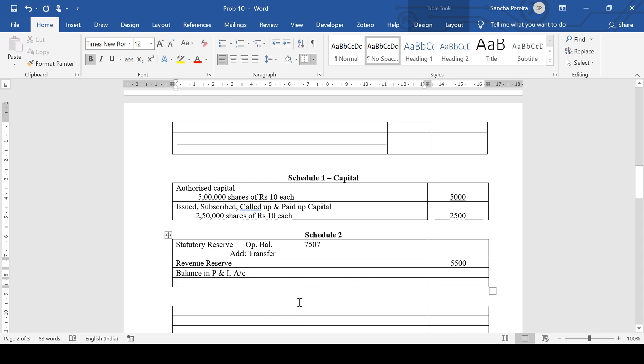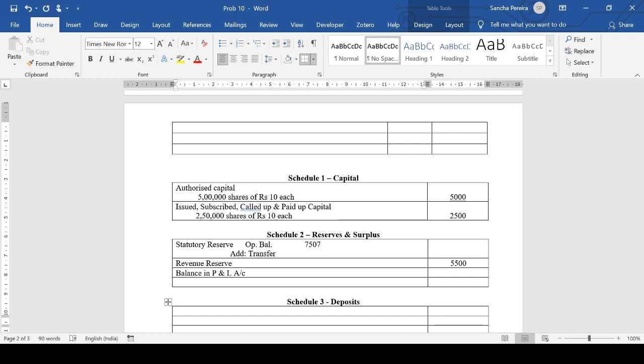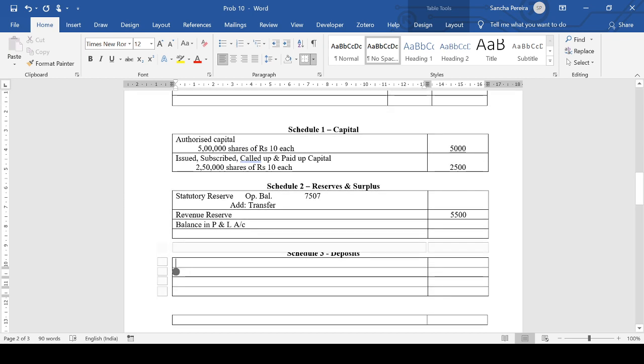Next we come to Schedule 3, which is deposits. So we have demand deposits, then we have saving bank deposits, and term deposits.